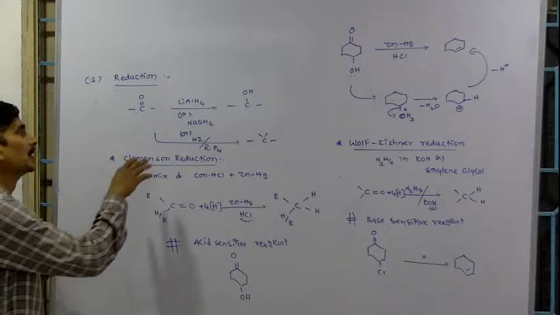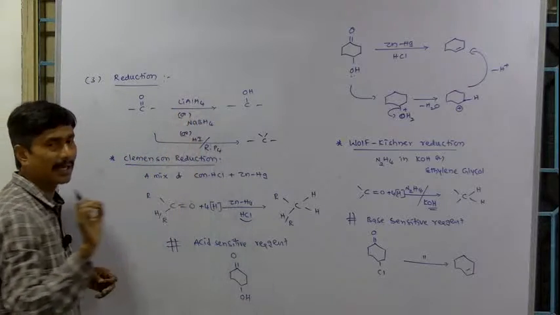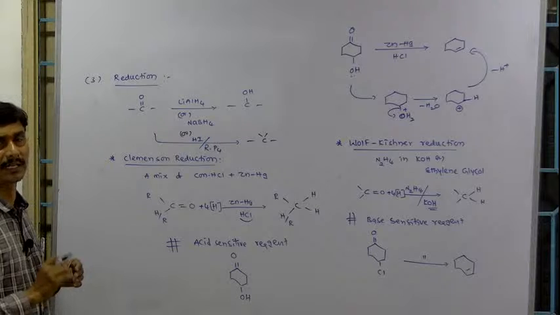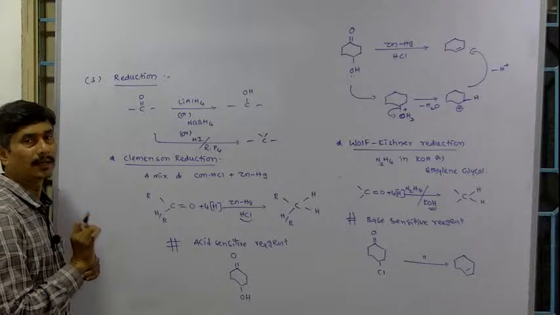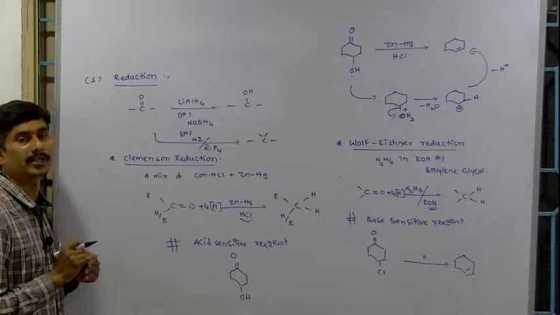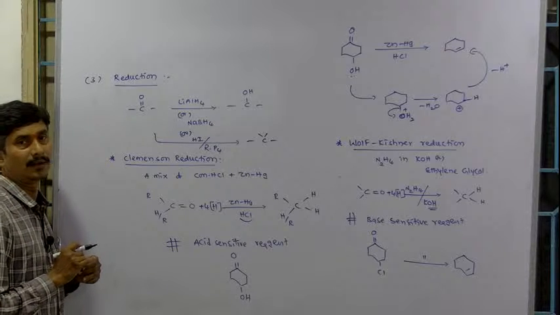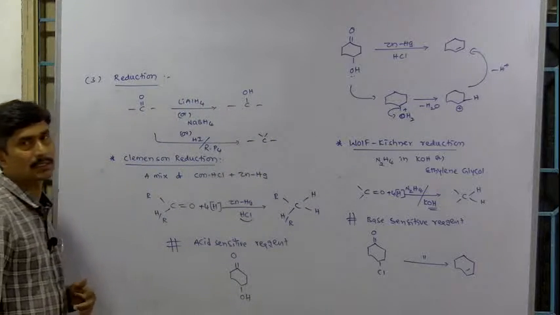Compared with lithium aluminum hydride, DIBAL-H, diisobutyl aluminum hydride, or lithium tri-tertiary butoxy aluminum hydride are weak reducing agents. Lithium aluminum hydride is strong in nature, so it converts the compound into alcohol.